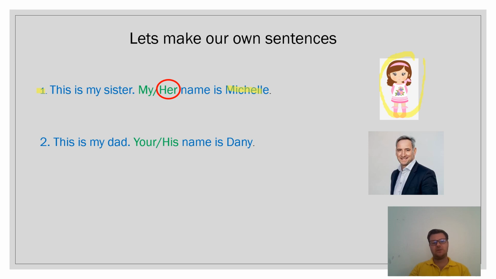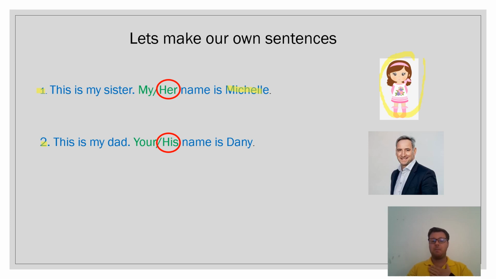Let's look at sentence number 2. This is my dad. His name is Danny. Yes, very good. Let's read together. Number 2.